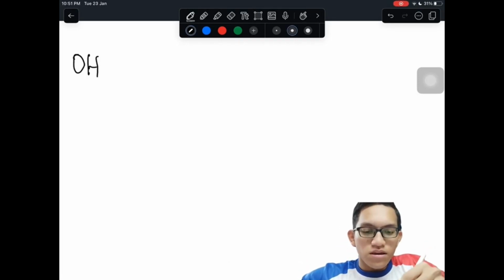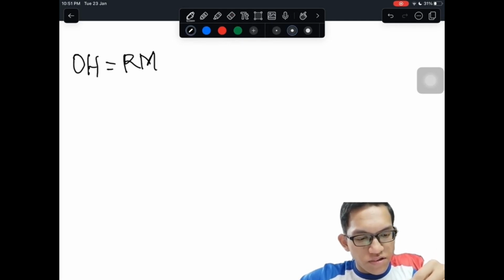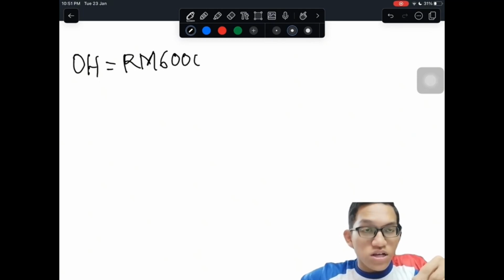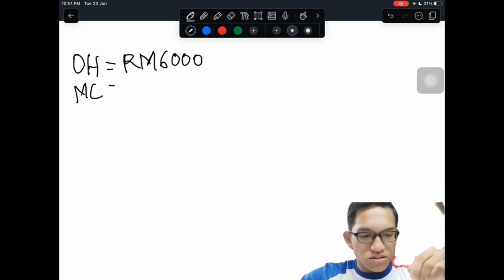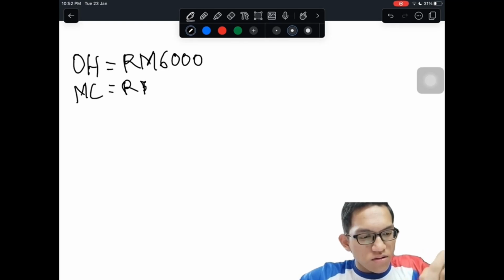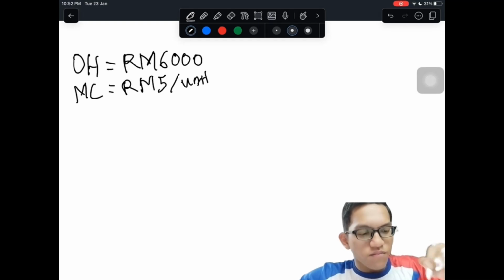For the overhead, it is equal to RM6000. For the material cost, it is equal to RM5 per unit.